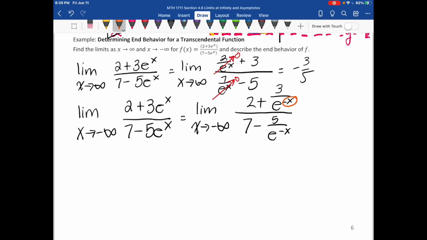And so I get a really, really big value in the denominator. And as that number in the denominator gets bigger and bigger, the whole fraction gets smaller and smaller. And the same thing goes for down here. So now I'm left with the limit as x goes to negative infinity is 2/7.